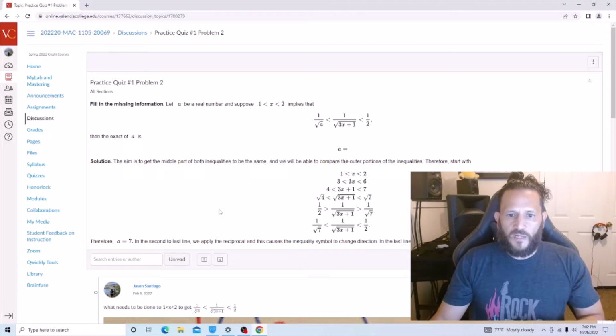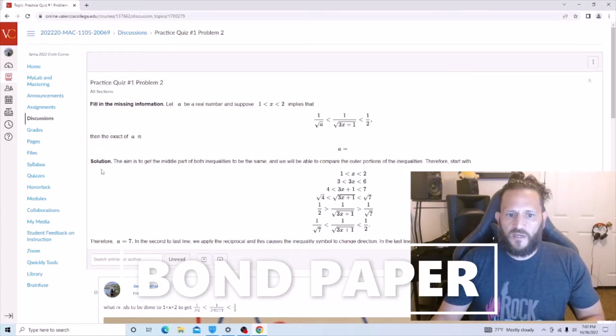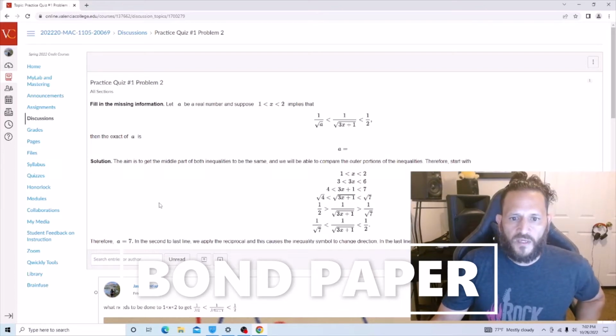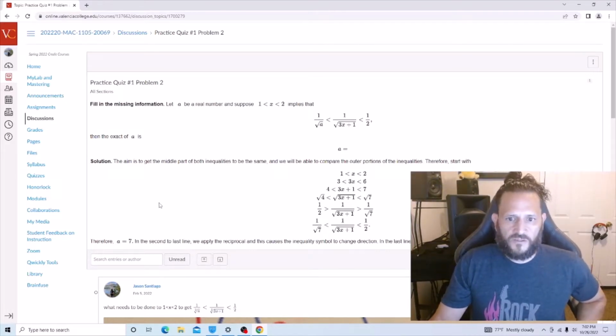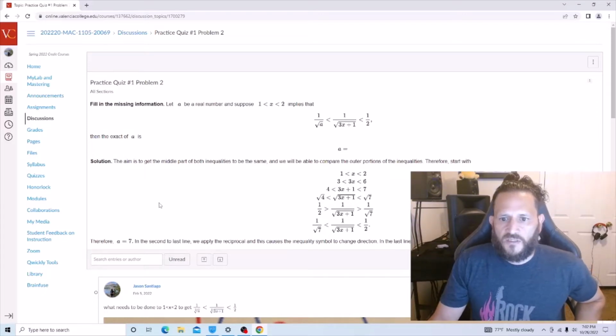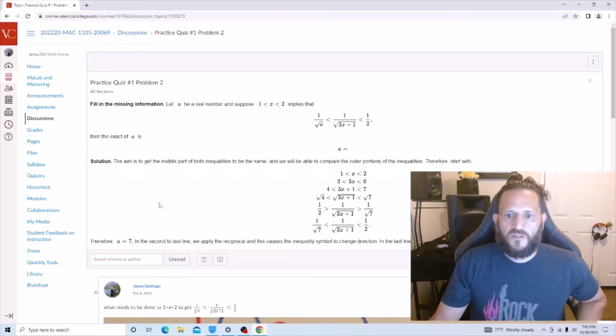Now, I want to state that I snipped this problem out and printed it out on bond paper, and I took it somewhere, I'm not going to say where, and I showed it to another student in college who is just about to get their bachelor's degree. It's kind of tricky to look at, and it took me a little bit to figure it out.